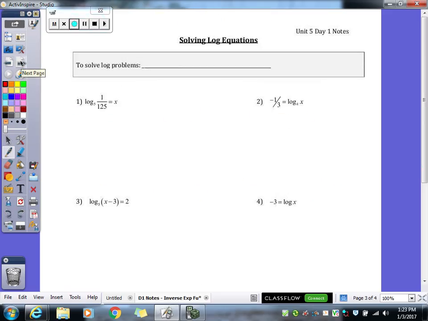So let's take a look at our last 4 examples here. So solving basic log problems, what you want to do is put it in exponential form. And then once you put it in exponential form, generally you're able to see what you need to do after that. So looking at number 1, our base is a 5. Exponent is an x.